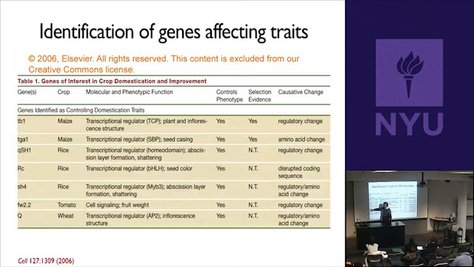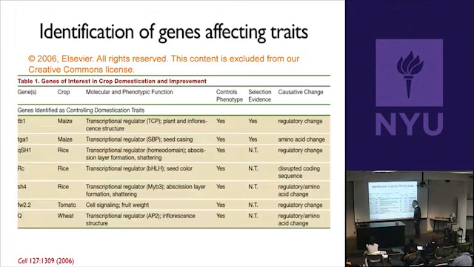So that's SH4. Which crop it refers to, so corn, rice, tomato, wheat. What the function of that gene is in terms of the protein it encodes, and you see this is a theme that's going to come up, that many of the types of genes involved in these domestication events encode transcription factors, transcriptional regulators.